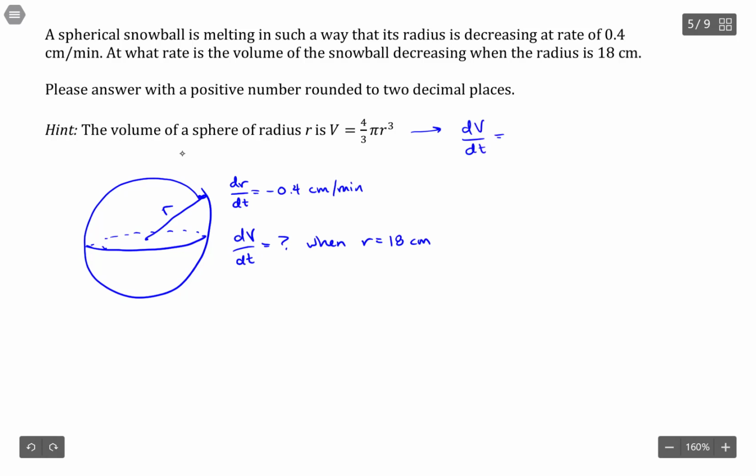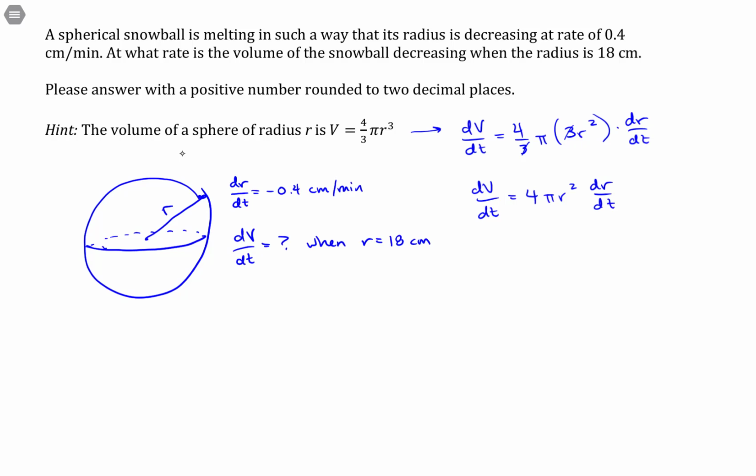So dV/dt is going to be 4/3 pi times r cubed is an outer function, and its derivative is 3r squared, but then we multiply by the derivative of the inside function. So we have dV/dt is going to be 4 pi r squared dr/dt.